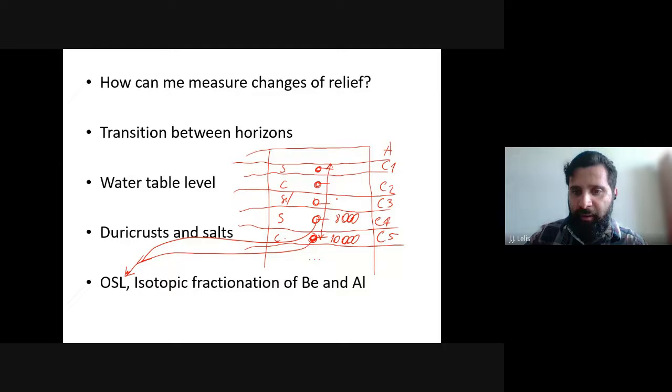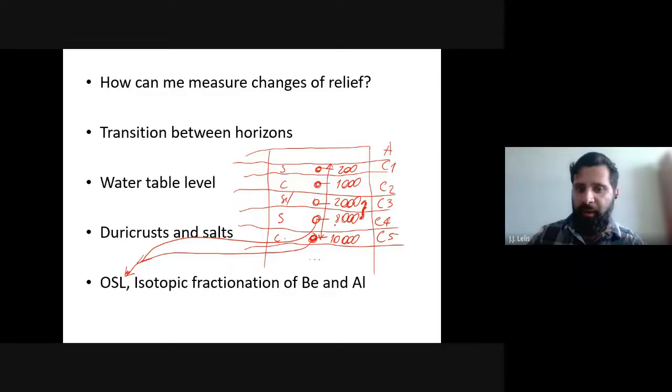Here's 2. And here it's 1, and here it's just 200 years. I can see that there is a huge gap here, and this huge gap maybe suggests an erosional process between the sedimentation of these two layers.